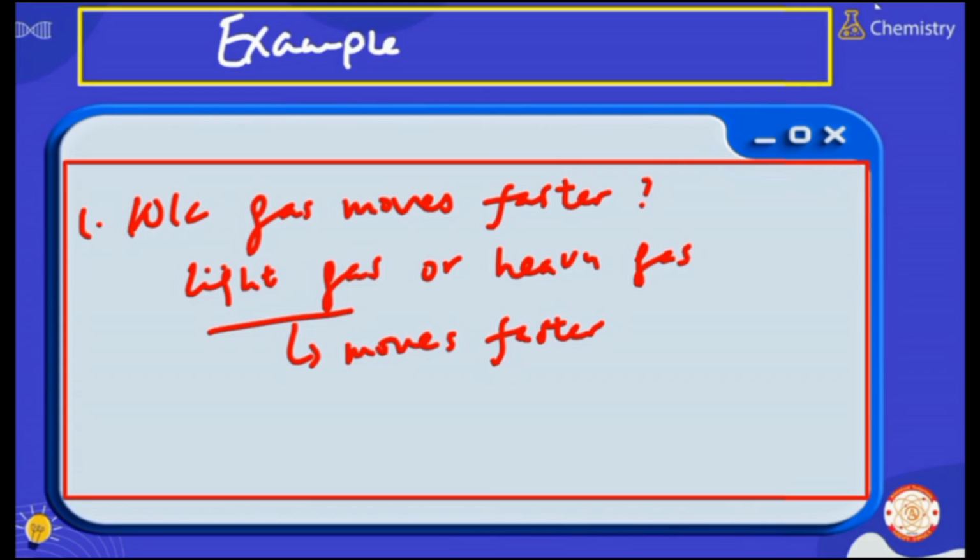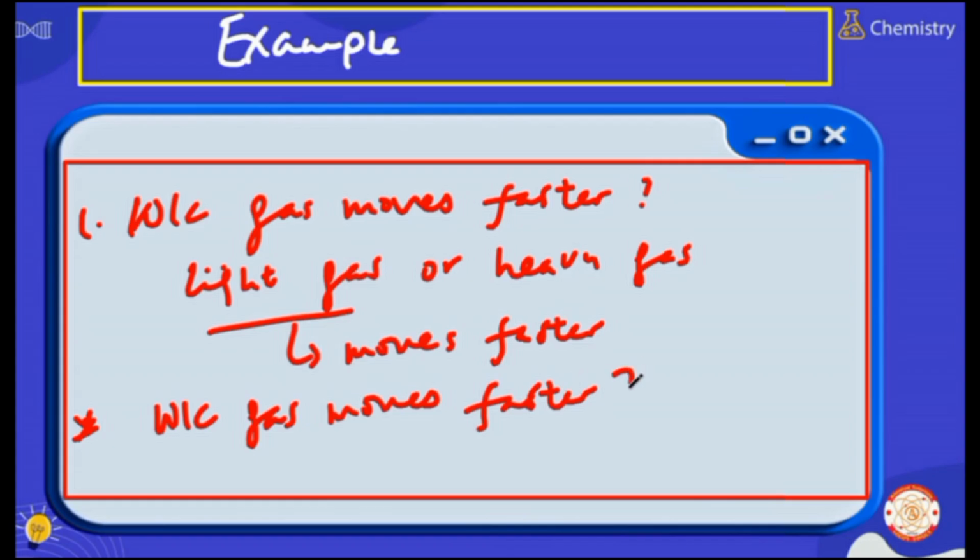Okay, another real life example. Which gas moves faster, hydrogen gas or oxygen? Now let us compare the molar mass of each of these gases.